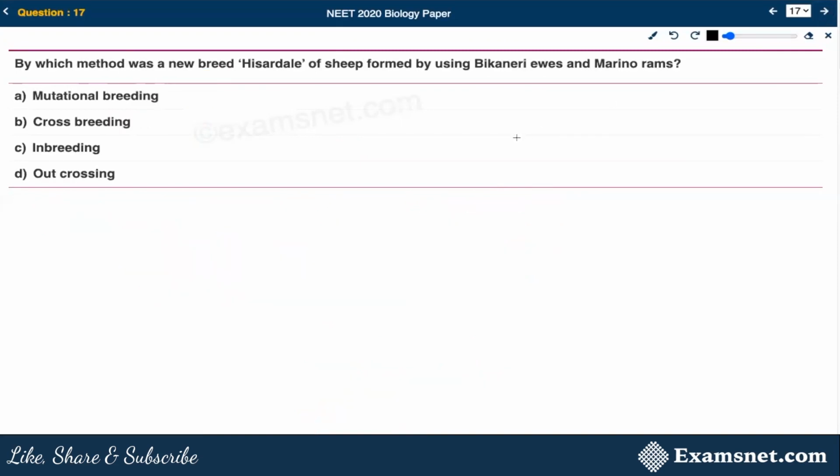The next question says that by which method was the new breed, that is Hisardale of sheep, formed by using Bikaneri ewes and Merino rams.